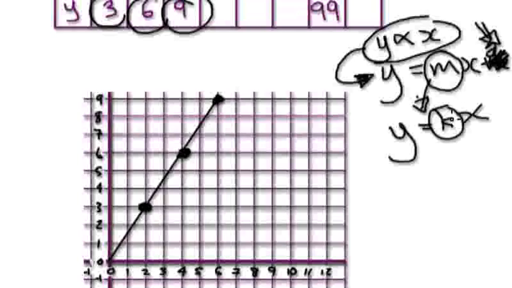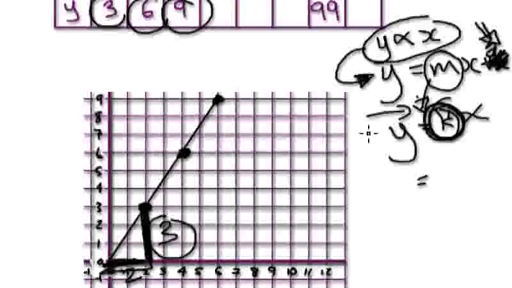Some books use k, so I guess we have to use k then. The gradient is the height divided by the across. The height is 3, the across is 2, so the gradient is 3 over 2. So this k is actually 3 over 2.